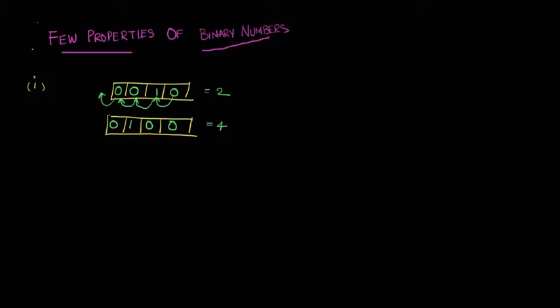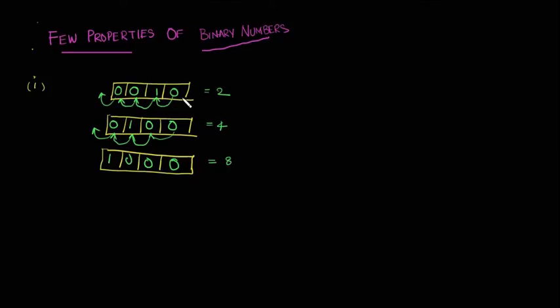Now let us shift this value one position towards the left again. Then we get, this 0 is shifted to this position, this 0 is shifted to this position, this 1 is shifted to this position, and this 0 is lost, and we put a 0 in the blank bit position, and this value is 8.